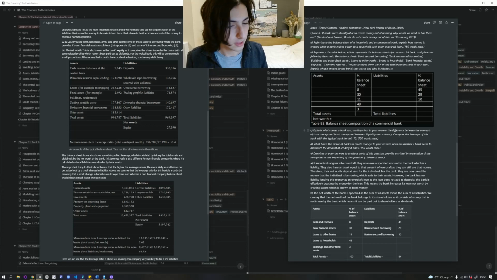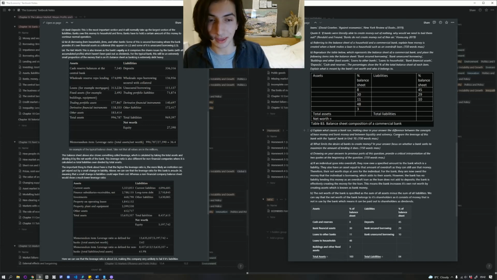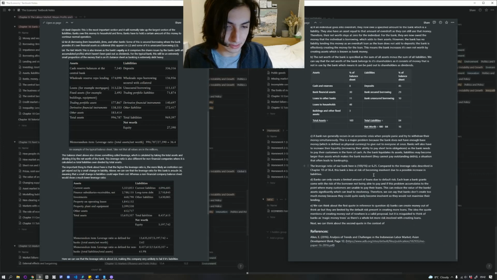And solvency means that if a bank is solvent, you are able to pay off your debts. Insolvency means you're unable to. For example, if your liabilities exceed your assets, you're declared insolvent because you're unable to pay them off. I believe that's what I said here, roughly.